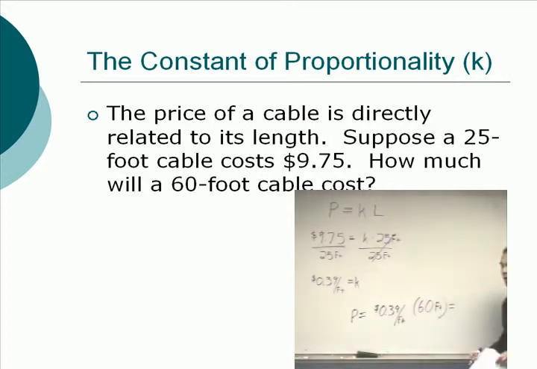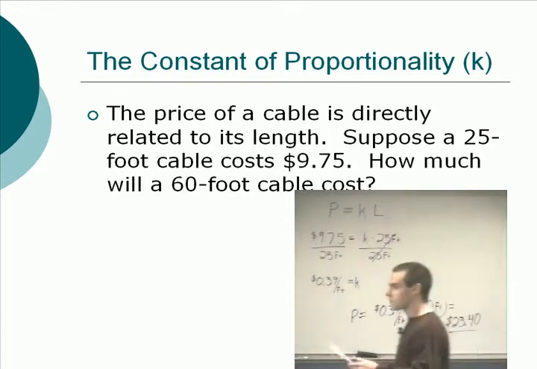And if you multiply those two together, you'll be shocked to learn that the price turns out to be $23.40, the same price we found the other way. We never set up a proportion. We found out what the rate is between those two, and then we went and solved it. Now, again, you've done that before. That's probably how half of you would have answered the question when I first showed it to you in the beginning. It's just putting it in mathematical terms.